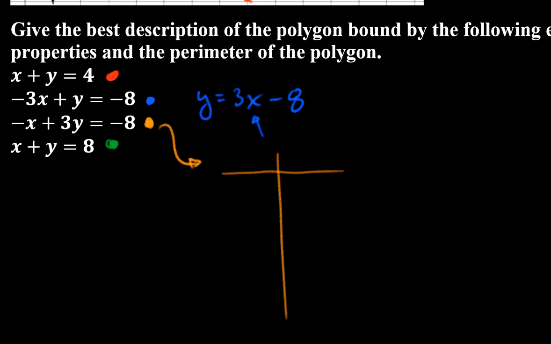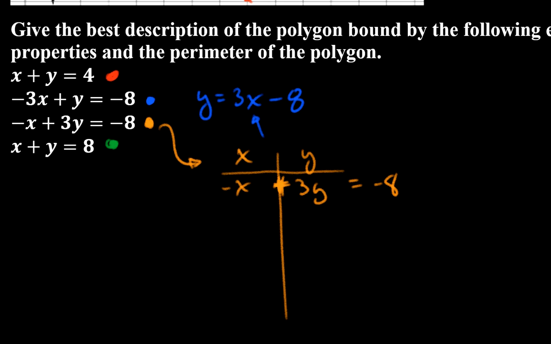So I'm kind of moving around, and probably some of you guys stumbled on some of these things too. If I pick an x and a y, it has to be the case that the opposite of whatever the x is plus 3 times the value of y that I pick has to equal the number negative 8.